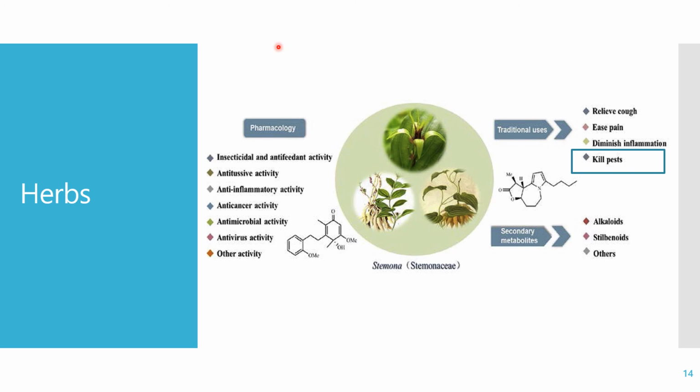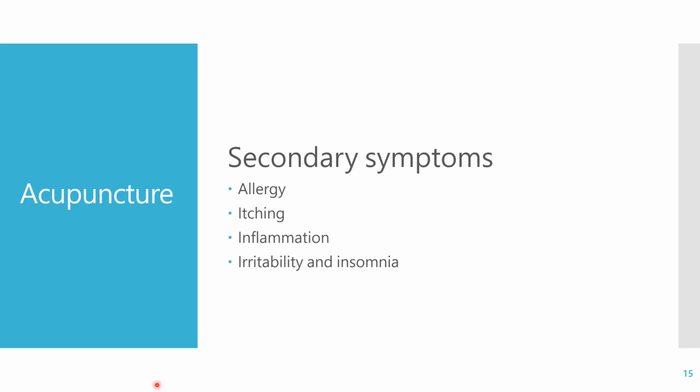That's what I mean. Also, I believe a TCM practitioner may choose acupuncture to treat secondary symptoms of lice, such as allergy, itching, inflammation, irritability, and insomnia. We can find those detailed points in our textbook, Peter Deadman. You know, right?